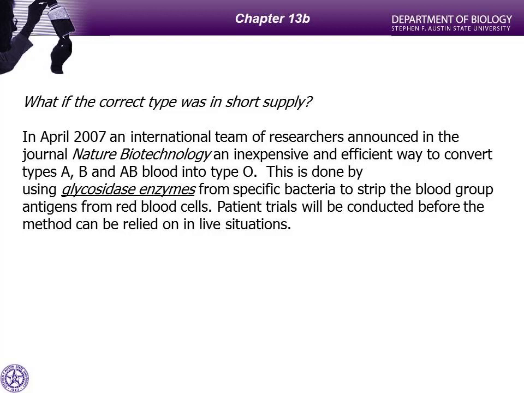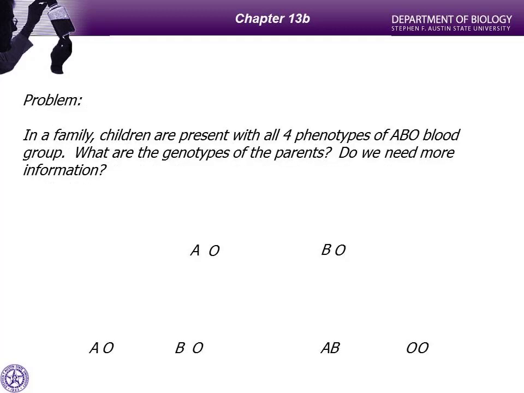Patents, patents, patents. So here's a cool little genetics problem to get at that phenotype-genotype issue. So let's do this sort of genetics problem. We've got 4 children, one set of parents. Each child has a different type of blood.